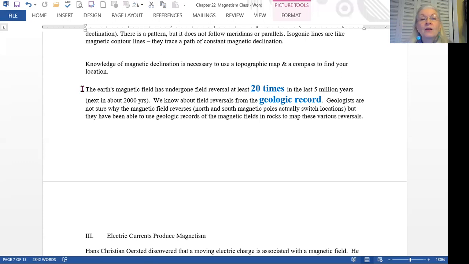How do we know this? We know it by looking at the way the magnetic material in igneous rocks is located. When igneous material solidifies, it's molten material, and anything in it that's ferromagnetic will orient itself with the Earth's magnetic field at that location. And when the rock solidifies, those magnetic domains are more or less permanent in that location.